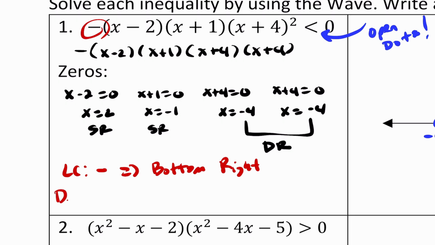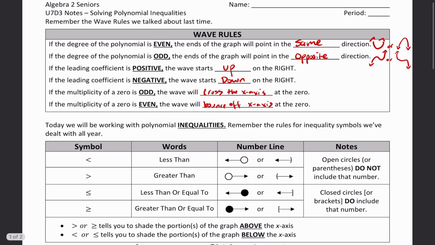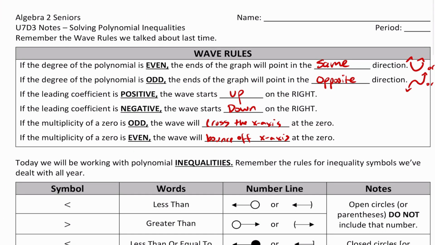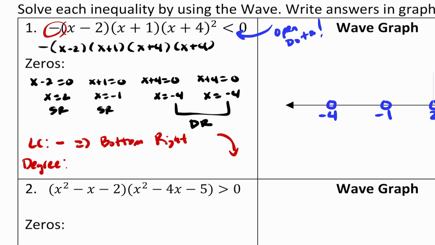Now the next thing is to figure out the degree. So if the degree of the polynomial is even, the ends of the graphs will point in the same direction. However, if the degree of the polynomial is odd, the ends of the graphs will point in the opposite direction. So here we have bottom right.